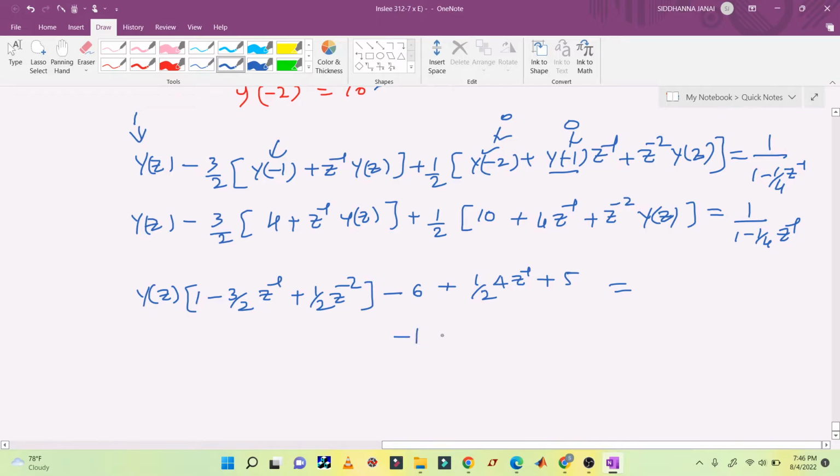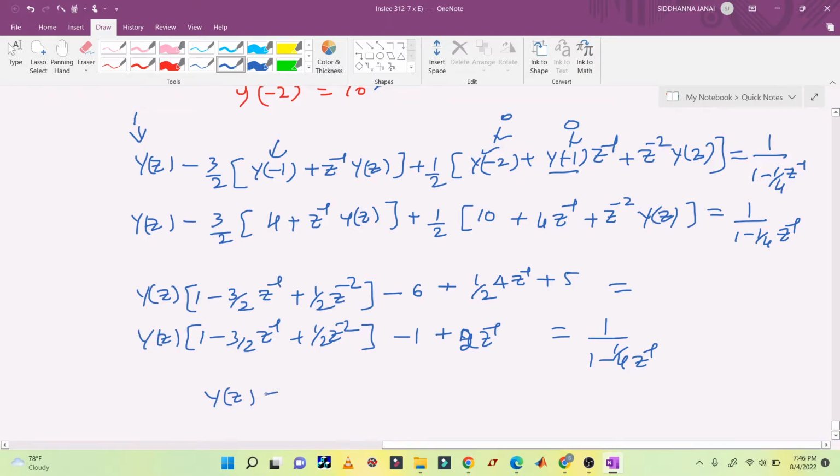So we can directly write minus 1 plus 1 by 2 into 4, that is 2 z inverse, equal to 1 divided by 1 minus 1 by 4 z inverse. This term remains same, 1 minus 3 by 2 z inverse plus 1 by 2 z inverse square of Y of z.